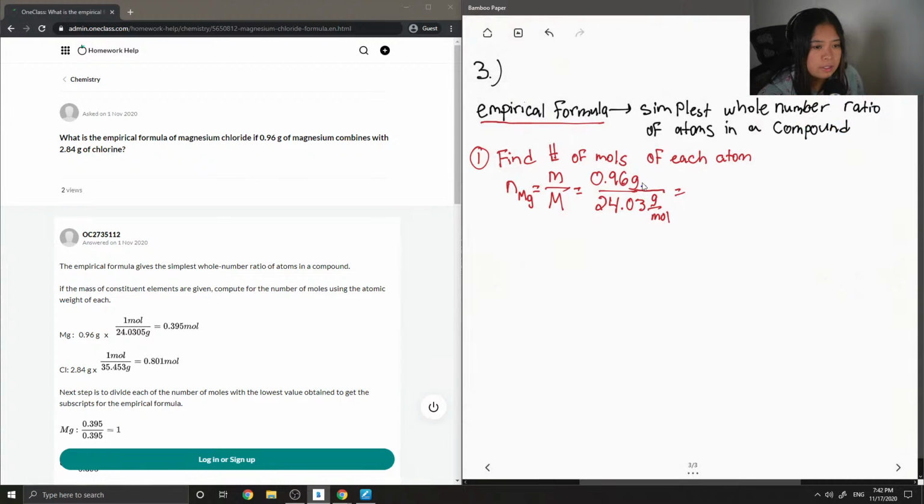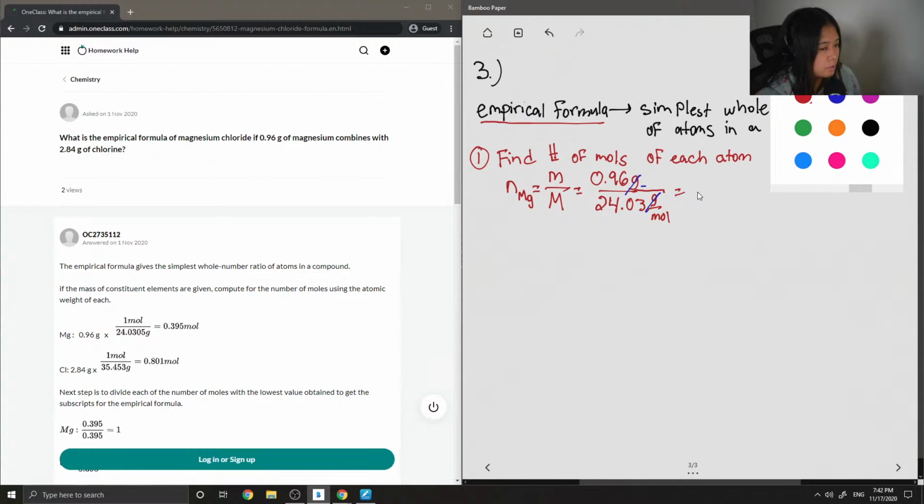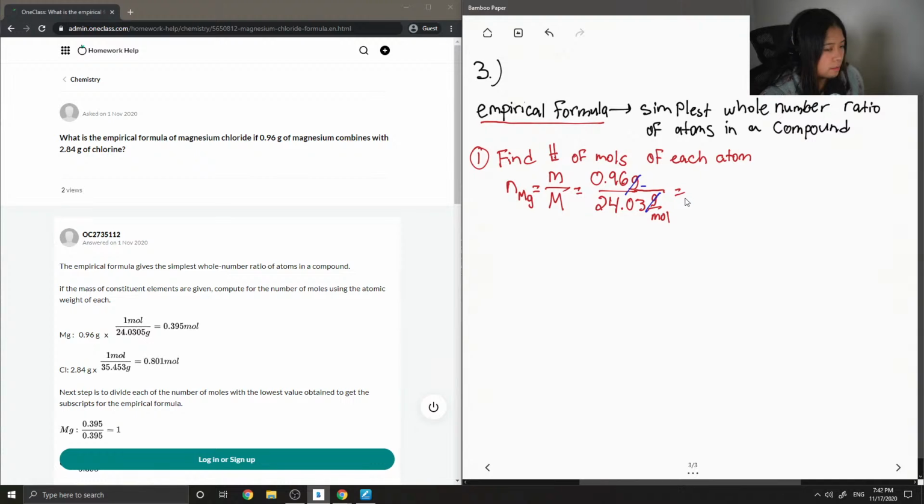Okay, so you'll notice that our grams will cancel out. And we're left with our value that is in moles, which is around 0.39 moles. Okay, so that's the number of moles for magnesium.